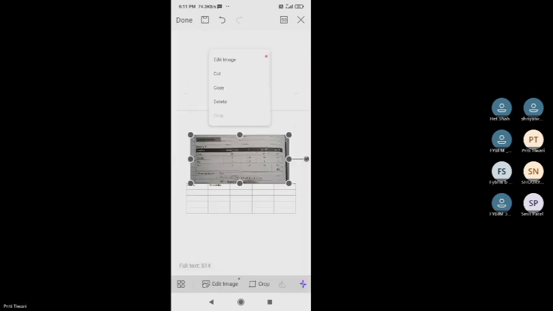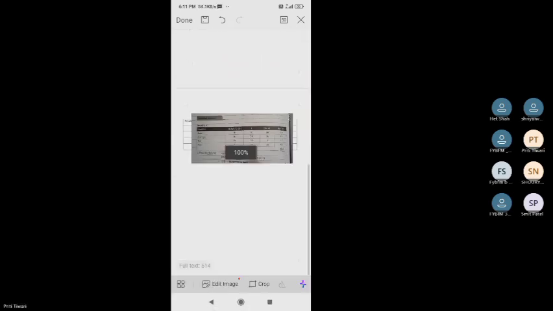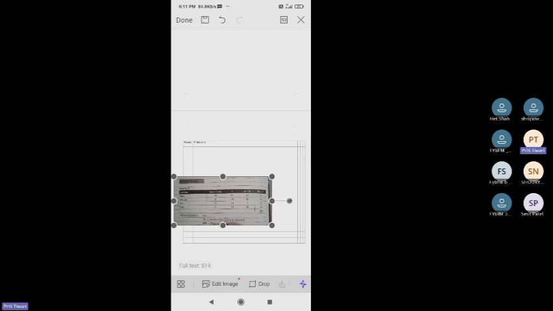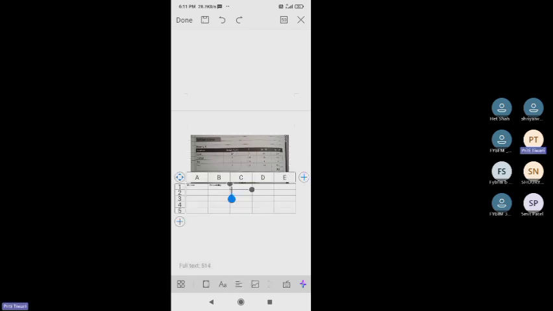Next comes P into X. So the returns were 20, 16, 10, and 3.